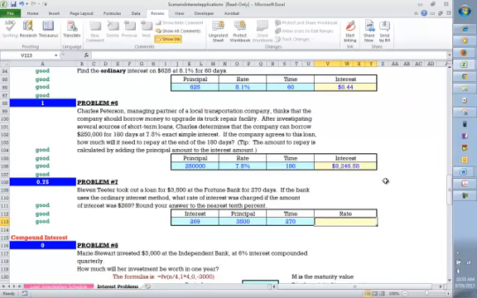We're looking for the rate. So the rate is the interest divided by the principal times the time divided by 360 days.